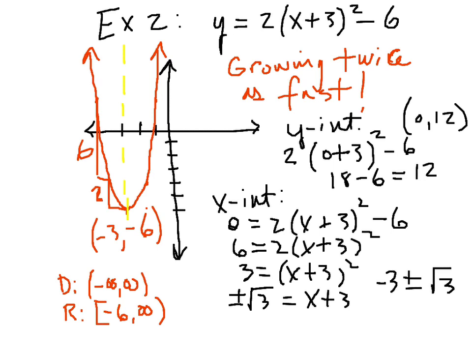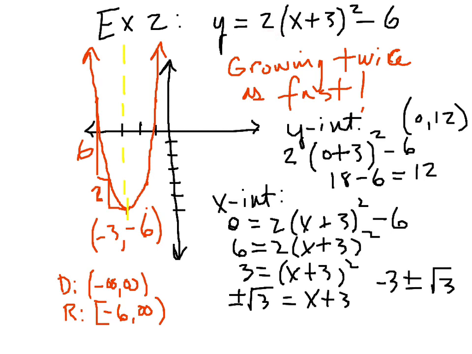Now, instead of growing by over 1, over 1, up 3, over 1, up 5, we go over 1, up 2, since we're growing twice as fast, over 1, up 6, and then the next one would be over 1, up 10, and so on. We just need to keep in mind that the bigger the number, the skinnier the parabola will be.